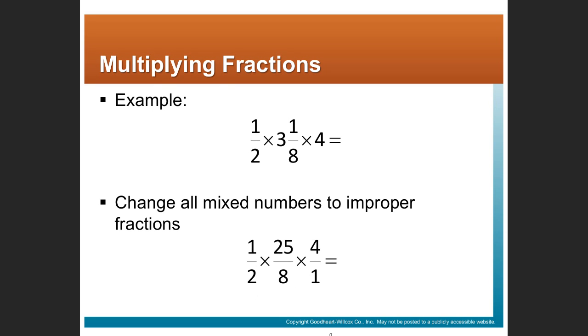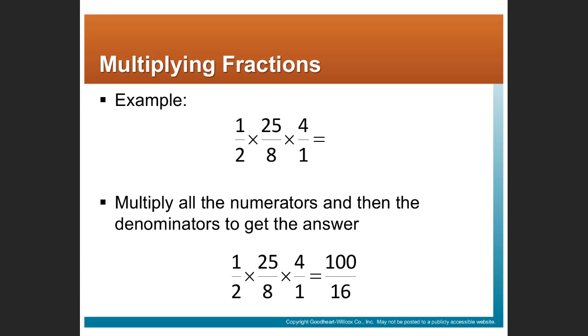So once I've done that, I'm going to multiply all the numerators and the denominators, right? So 1 times 25 times 4 equals 100. 2 times 8 times 1 is 16. So I multiply those things together and I get 100/16. Now I want to simplify that.